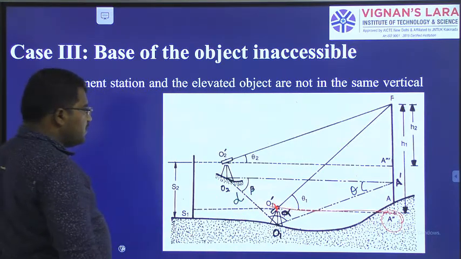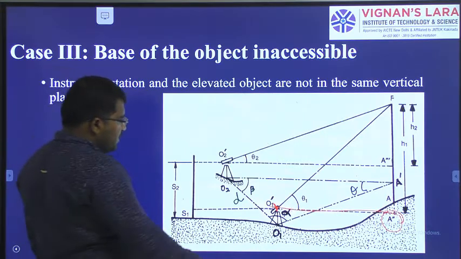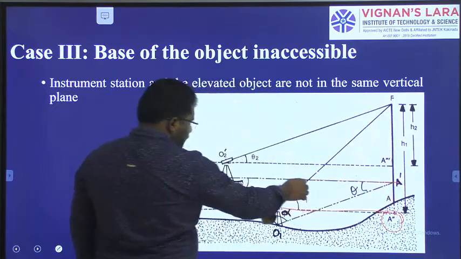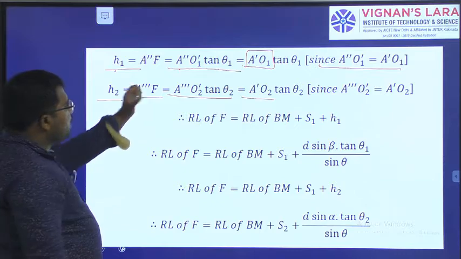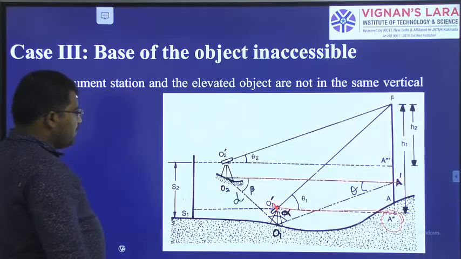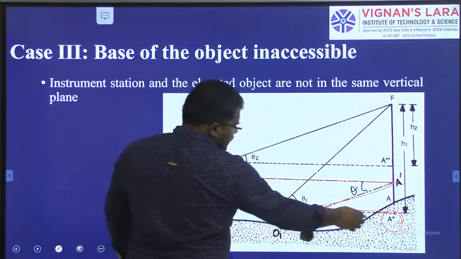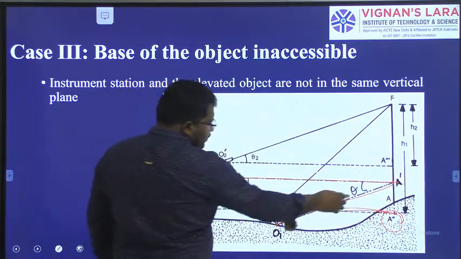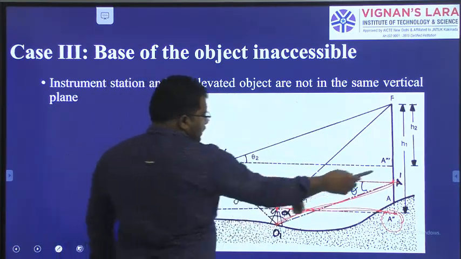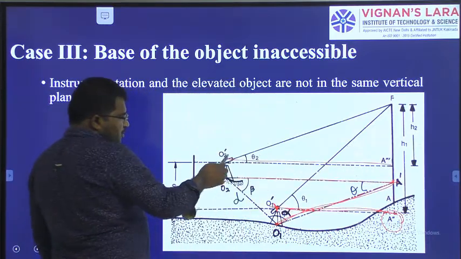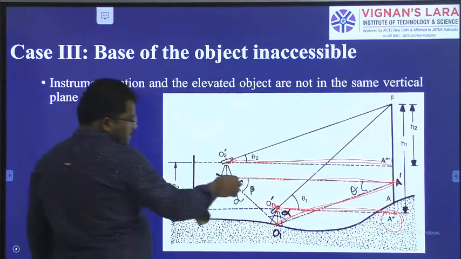He is telling A dash to O1, the distance from here to here is the same as from here to here. Then in the same way, A triple dash O2 is equal to this thing.